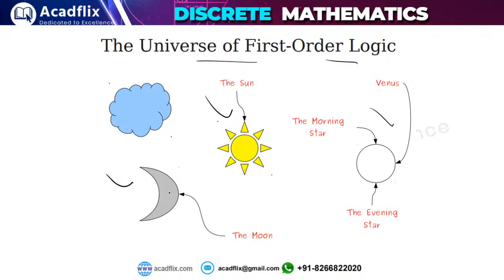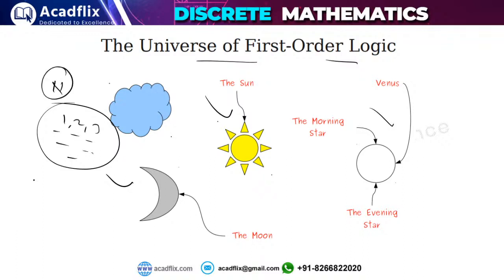Let's assume this was our set of natural numbers. This is our domain. Let's assume this is our universe. Then at that time, if you remember, our variable was taking values from this domain. So this variable x could take value 3, this variable x could take value 4.